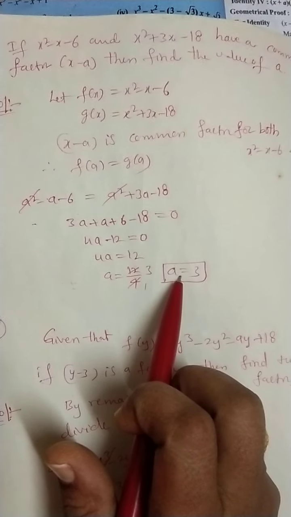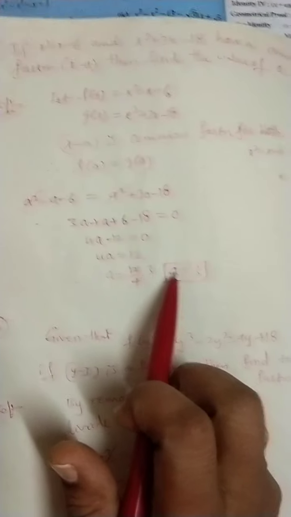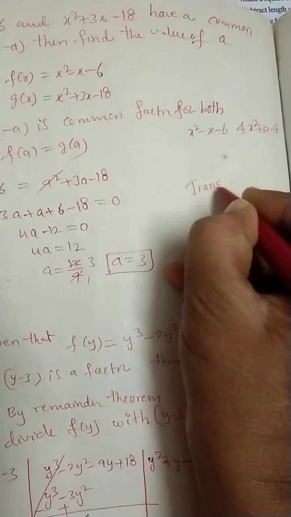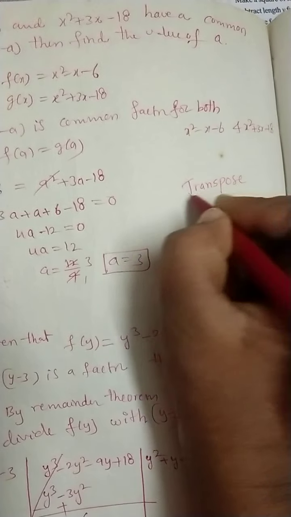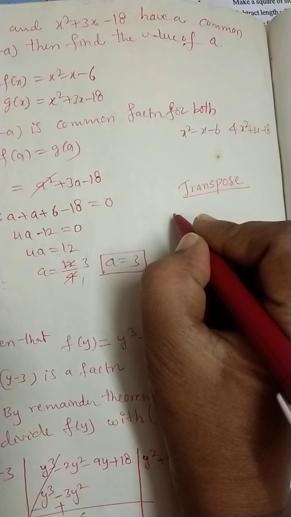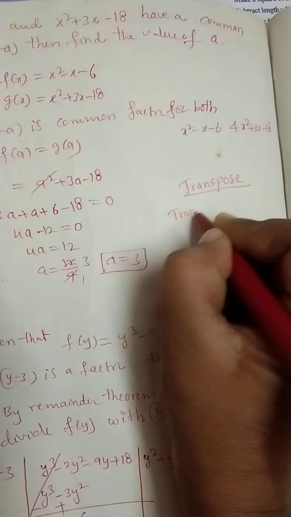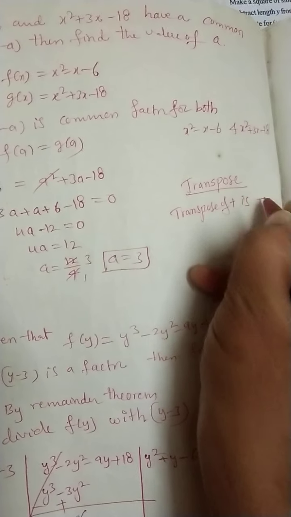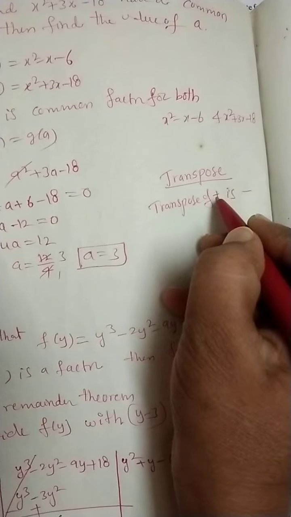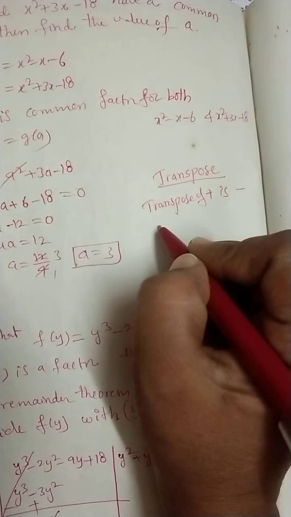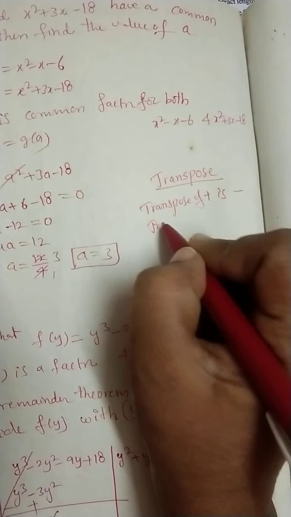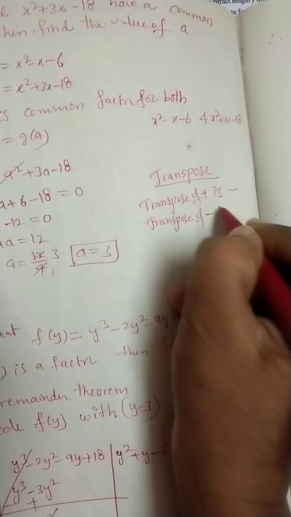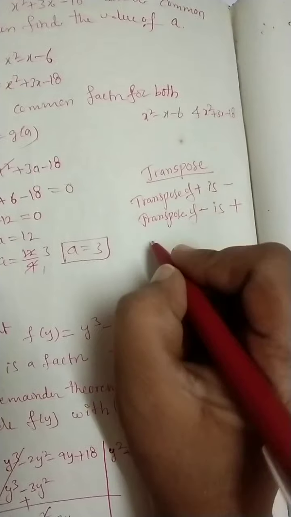Okay, first you have to know the transposing terms. The transpose of plus is minus, meaning the transpose of addition is subtraction. The transpose of minus, subtraction, is addition.